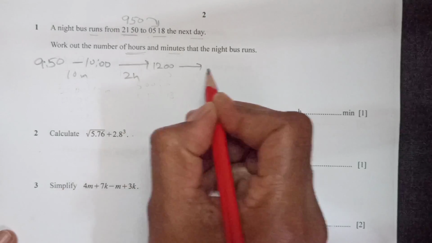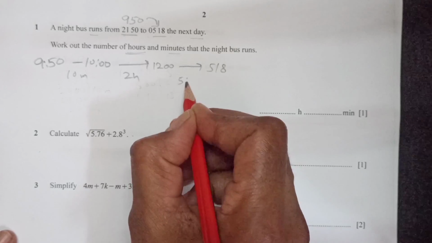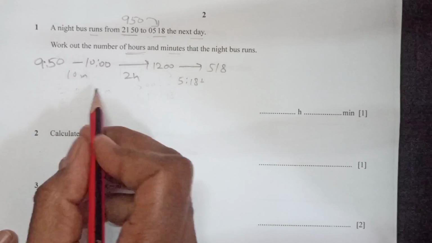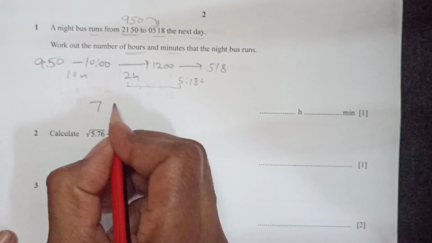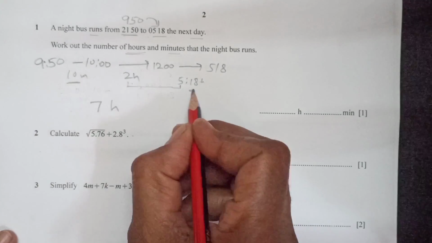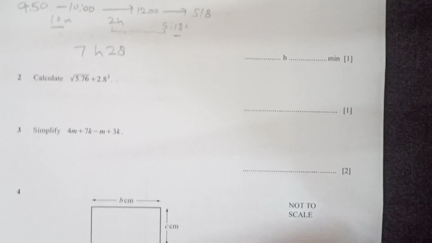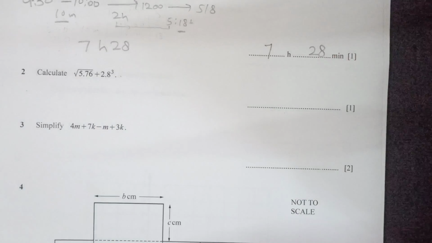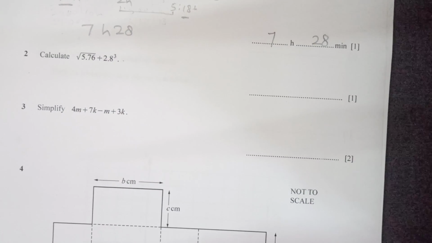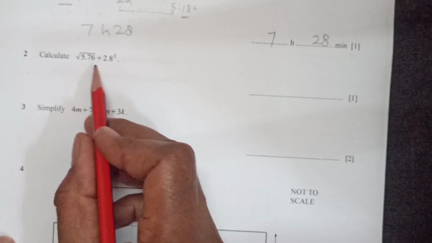Then 12:50 to 5:18, it is 5 hours 18 minutes, right? So in total we have 5 hours here, 2 hours here, that is 7 hours, and 10 minutes and 18 minutes. 10 plus 18 is 28. So 7 hours and 28 minutes, right?